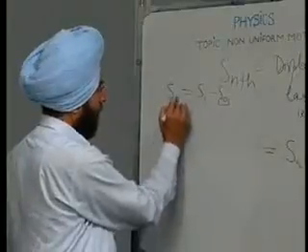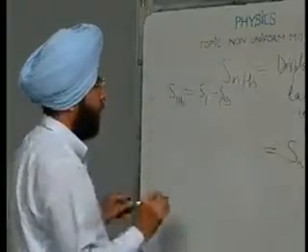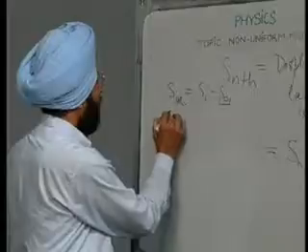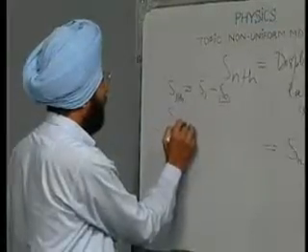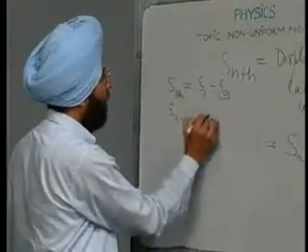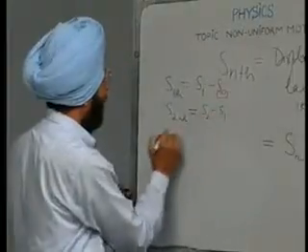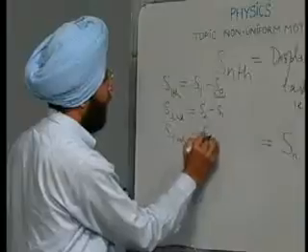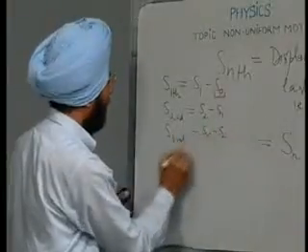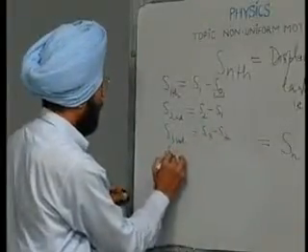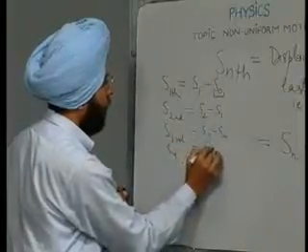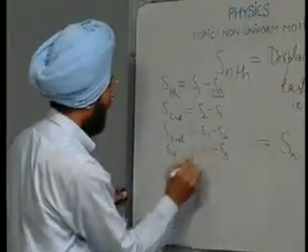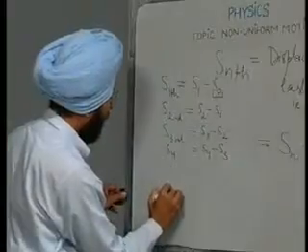S second is equal to S 2 minus S 1, S third is equal to S 3 minus S 2, S fourth is equal to S 4 minus S 3, continuing like that.